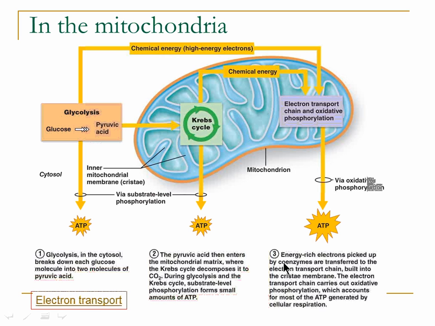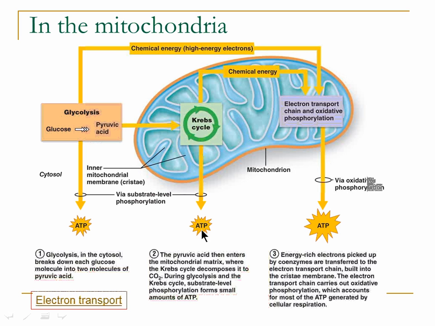So what is this electron transport chain? Again, if you look here at the mitochondria, you can see glycolysis occurs outside the mitochondria, and very little ATP is produced. The next phase is the Krebs cycle, where you get a little bit of ATP. Glycolysis produces pyruvic acid, which goes into the Krebs cycle.